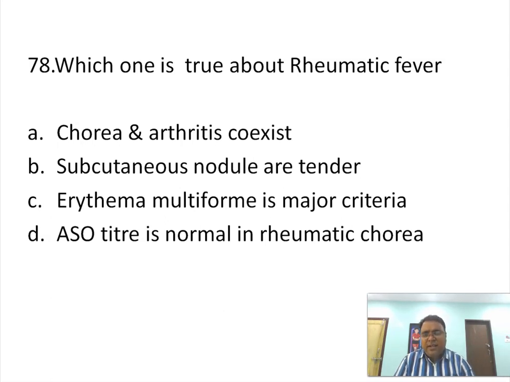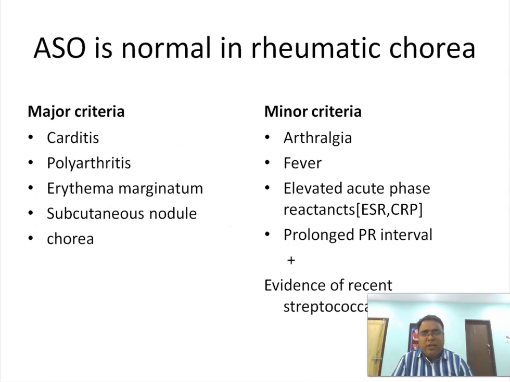Then the last one: ASO titer is normal in rheumatic chorea. We know rheumatic chorea is a late finding, so by the time chorea presents, the ASO titer will be normal. So this is the true statement about rheumatic fever. To recall, major criteria: carditis, polyarthritis, erythema marginatum, subcutaneous nodule, and chorea.